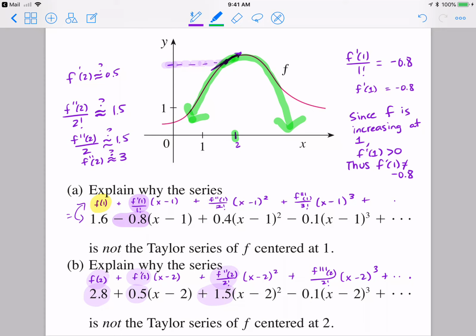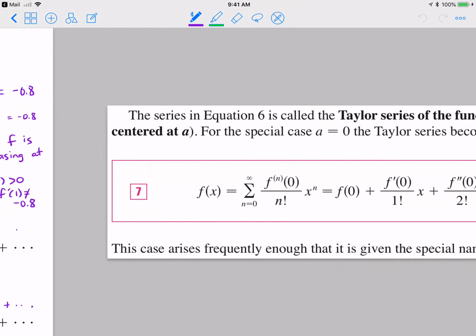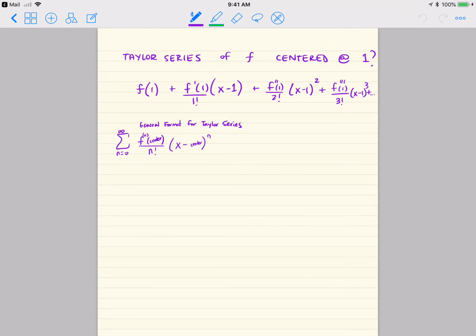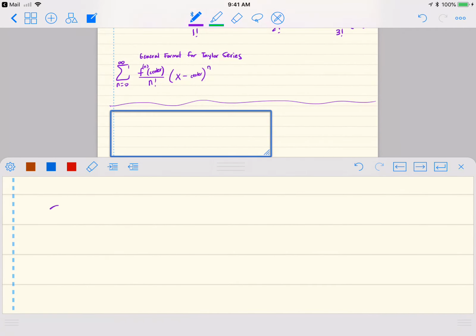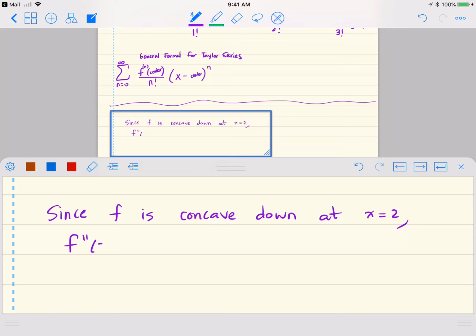So the second derivative has to be negative. So to answer it, we would say since f is concave down at x equals 2, f double prime of 2 must be a negative number.